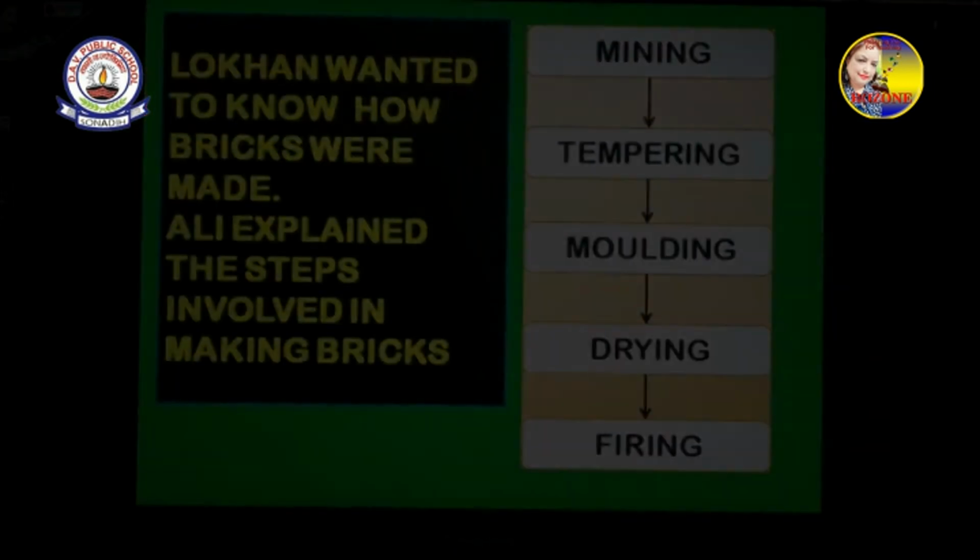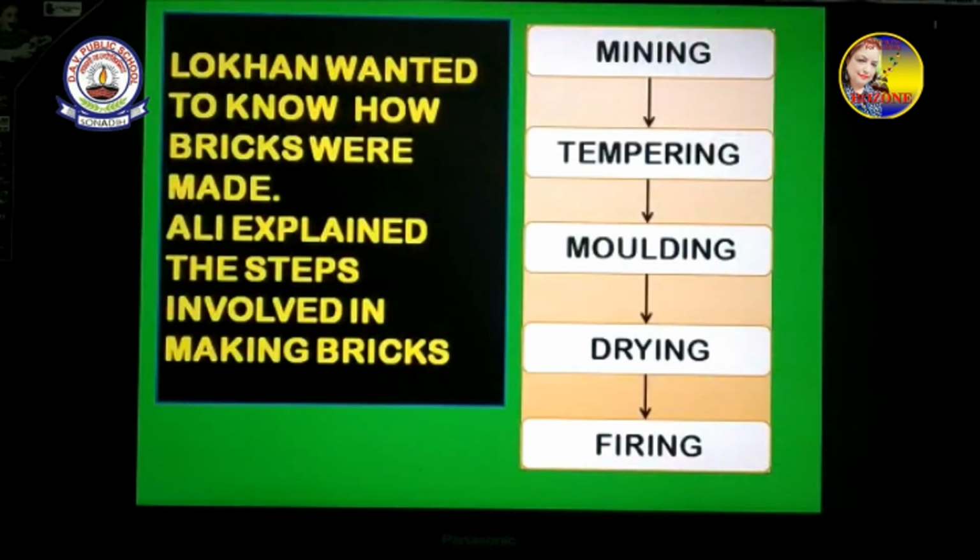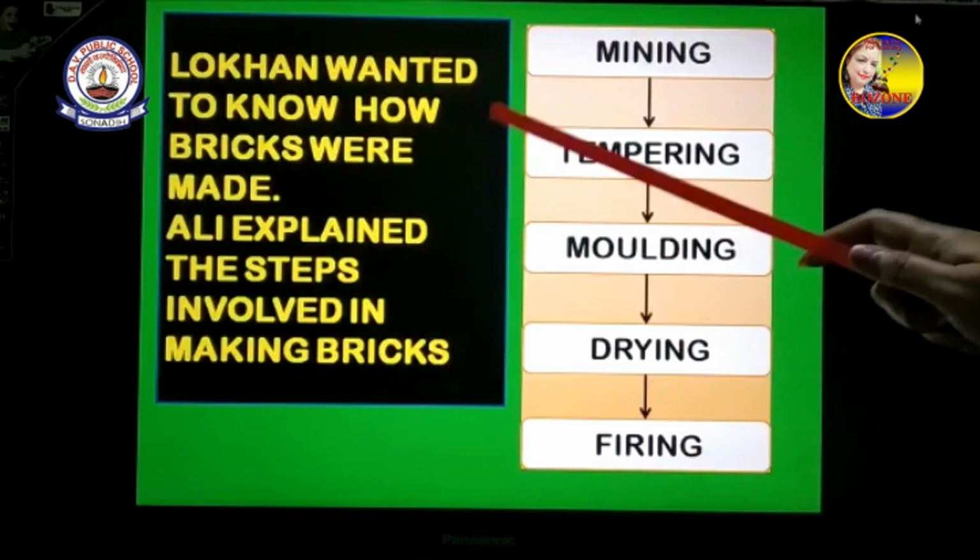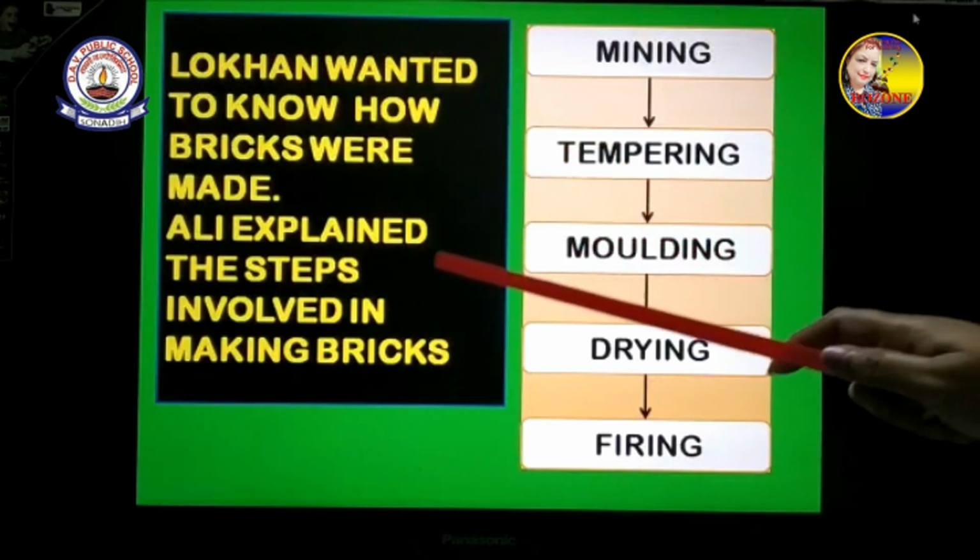Followed? So now, as I told you, Lokhan wanted to know how bricks were made, and now we are going to see different steps. Till this part I will explain to you, and after that each and every step I will explain by showing you how bricks are made. Lokhan wanted to know how bricks were made.